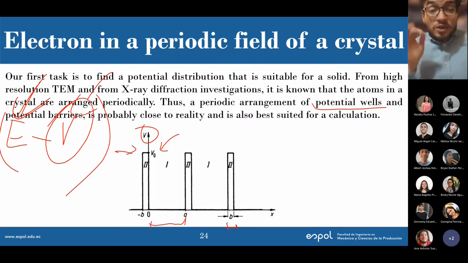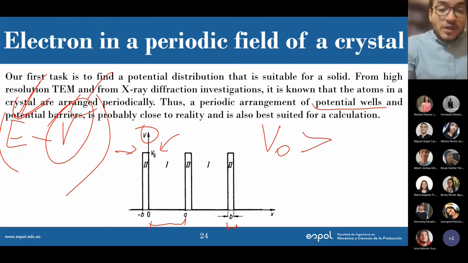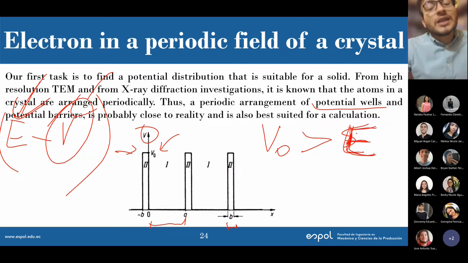Now, we're going to assume something, and this is actually the assumption they made when they were developing all these models. We're going to assume that V naught is larger than the total energy of the system, or sorry, the energy of the electron, than E. We're going to assume that V naught is larger than E, than the energy of the electron.